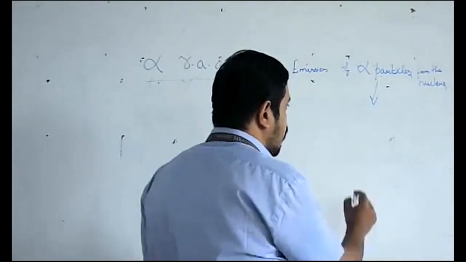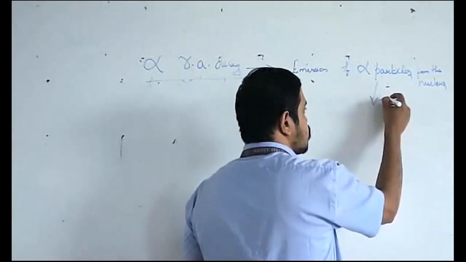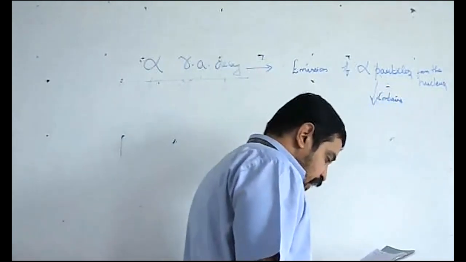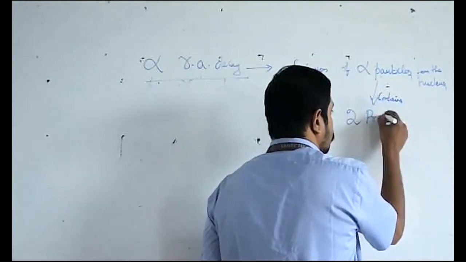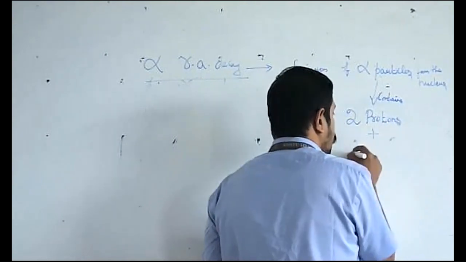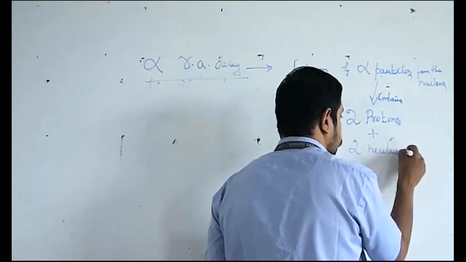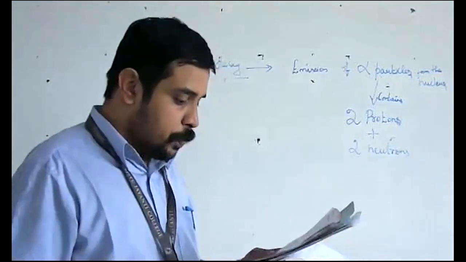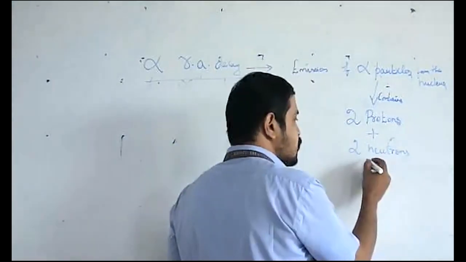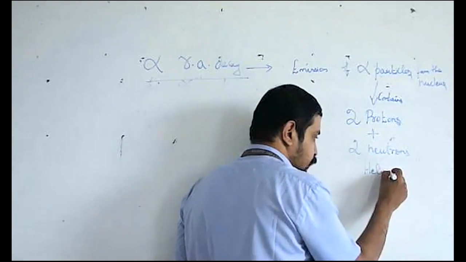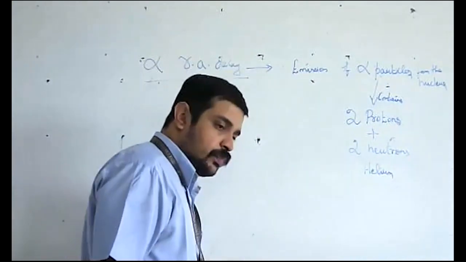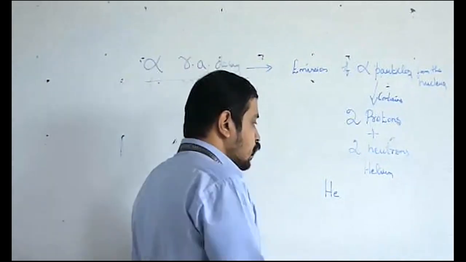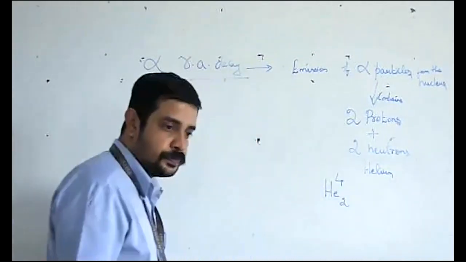An alpha particle contains two protons and two neutrons, and since it is identical to helium, we represent the alpha particle as He, with mass number 4 and atomic number 2.